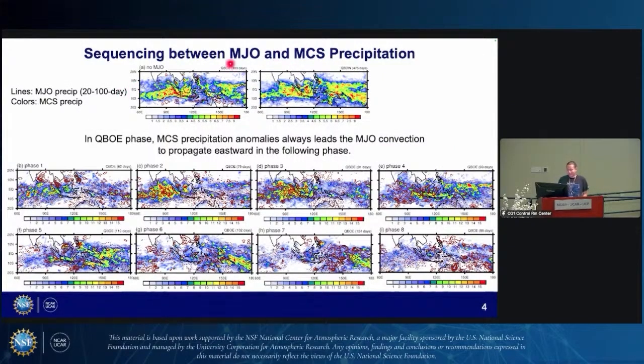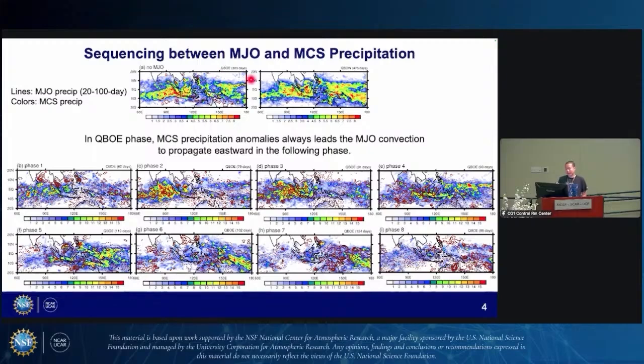So here the maps are the composite maps for the MJO precipitation, with bandpass filtered precipitation anomaly represented by the contour lines here, and the MCS precipitation represented by the shading colors here. We did the composite for the QBO east phase and west phase, also based on the RMM index for the MJO.